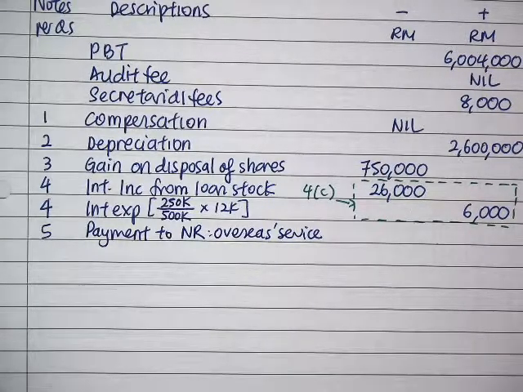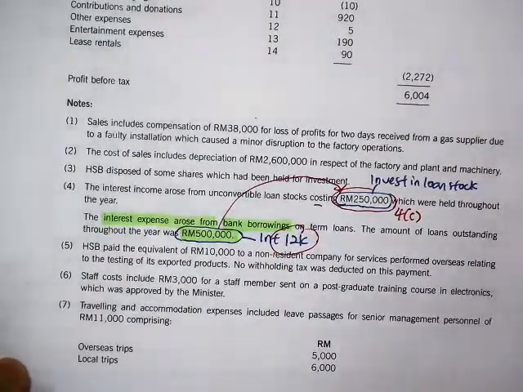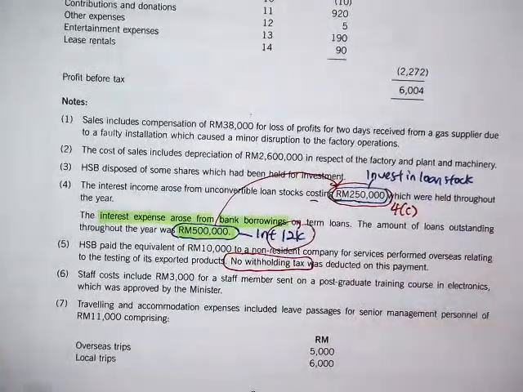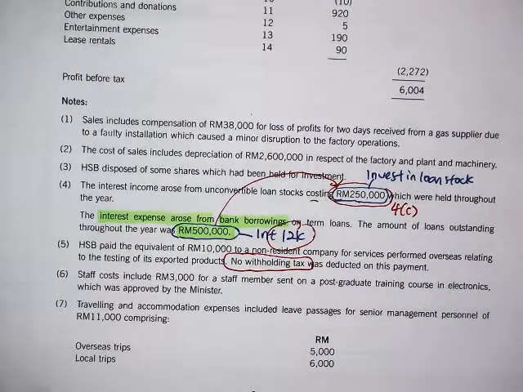Now the question mentioned that no withholding tax was deducted. So actually what they are trying to test you is, do you need withholding tax or not? Because if you need withholding tax and you never hold back the money, you can't claim deduction. So now the issue is, what withholding tax do you have here?